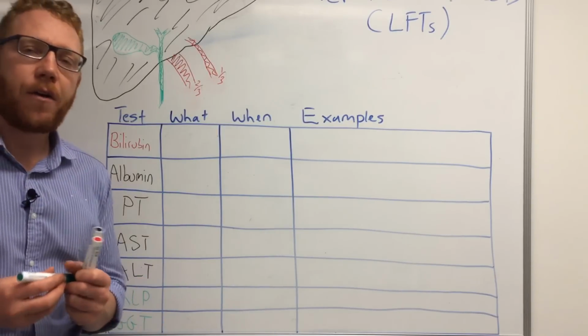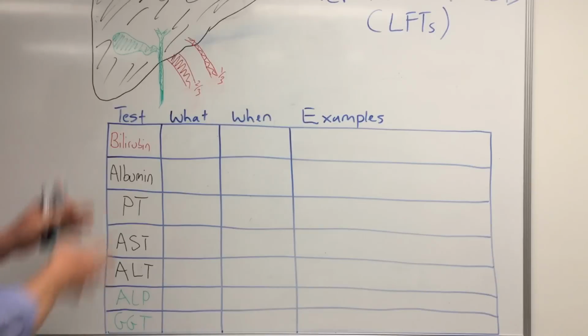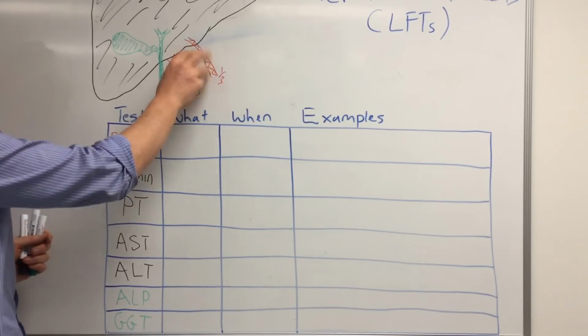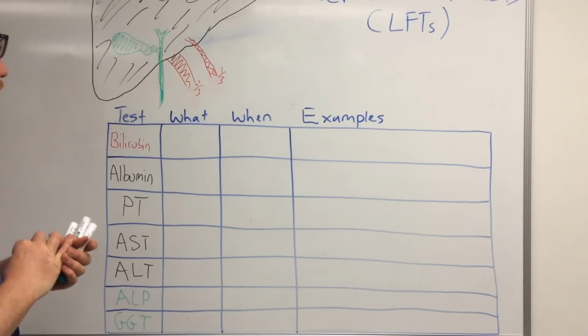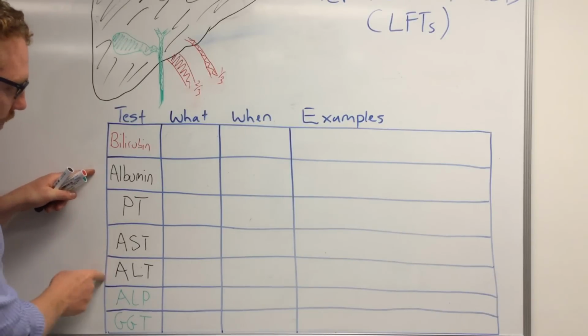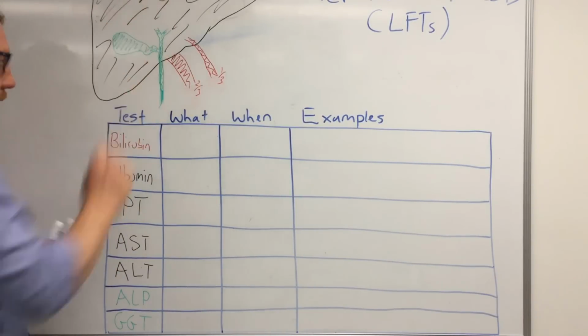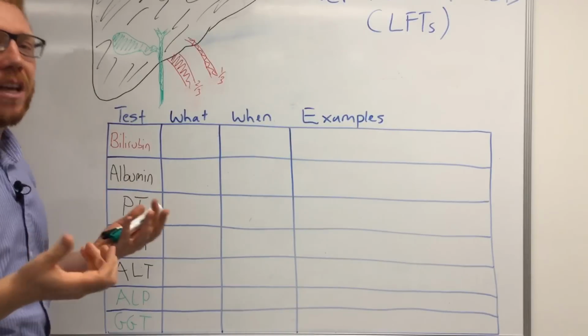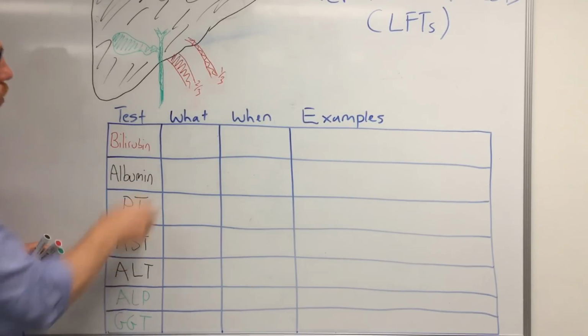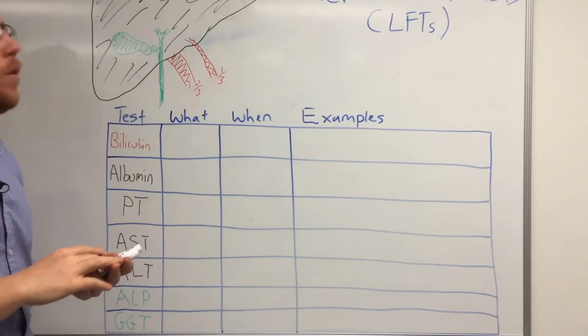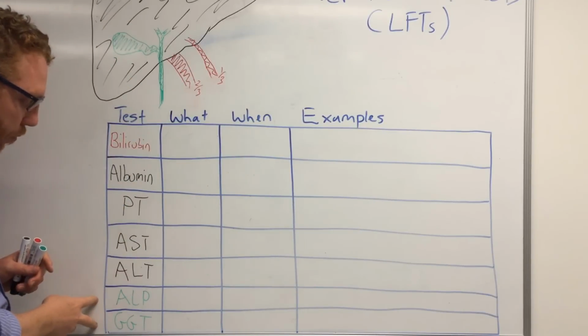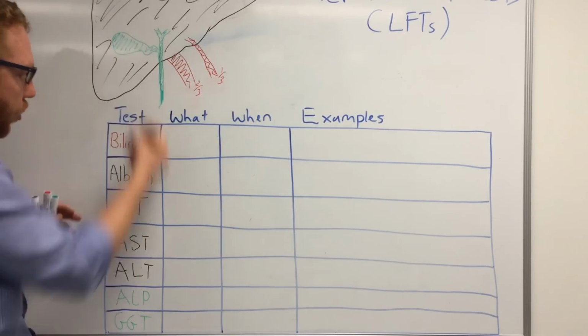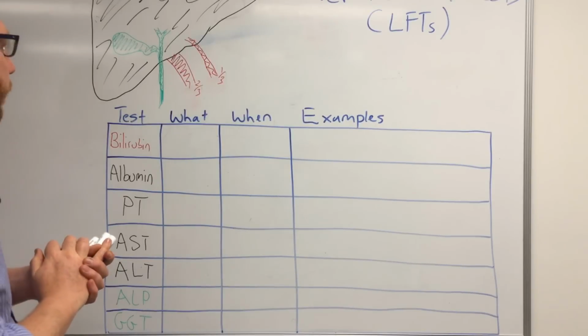I'll go through what these acronyms mean in a second. So what we can see so far, we've got 1 red, so that's going to be more specific to potentially the blood. We've got 1, 2, 3, 4 specific to the liver, so this is going to be hepatocellular specific. And then 2 green, which is more to hepatobiliary, so this is more to the biliary duct system. So that's the excretion side of things.